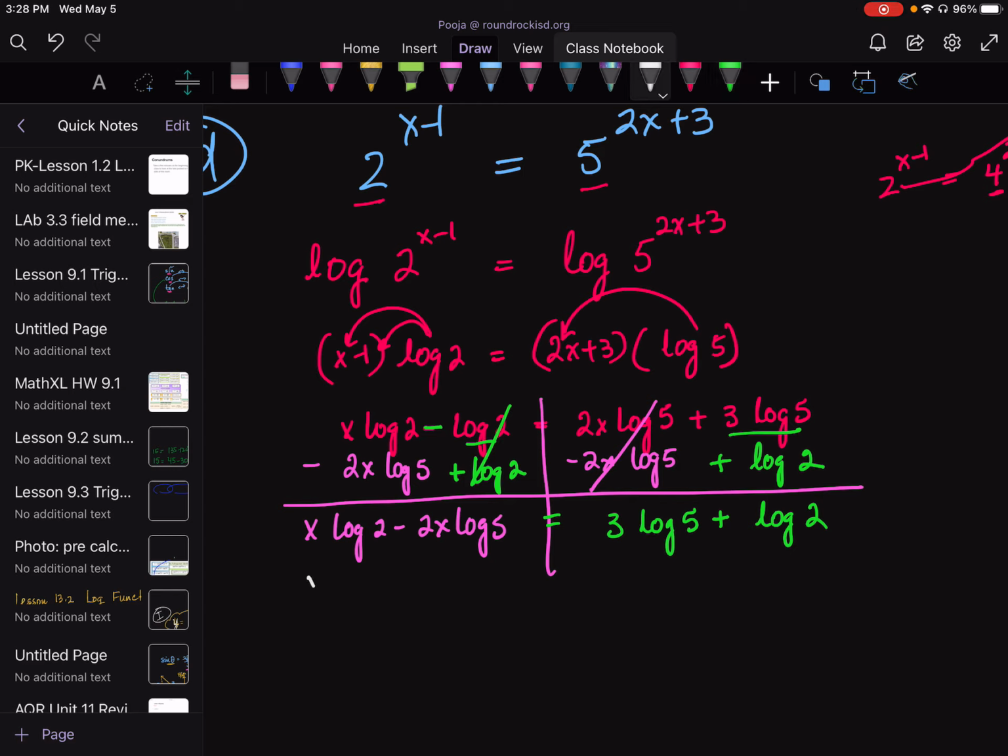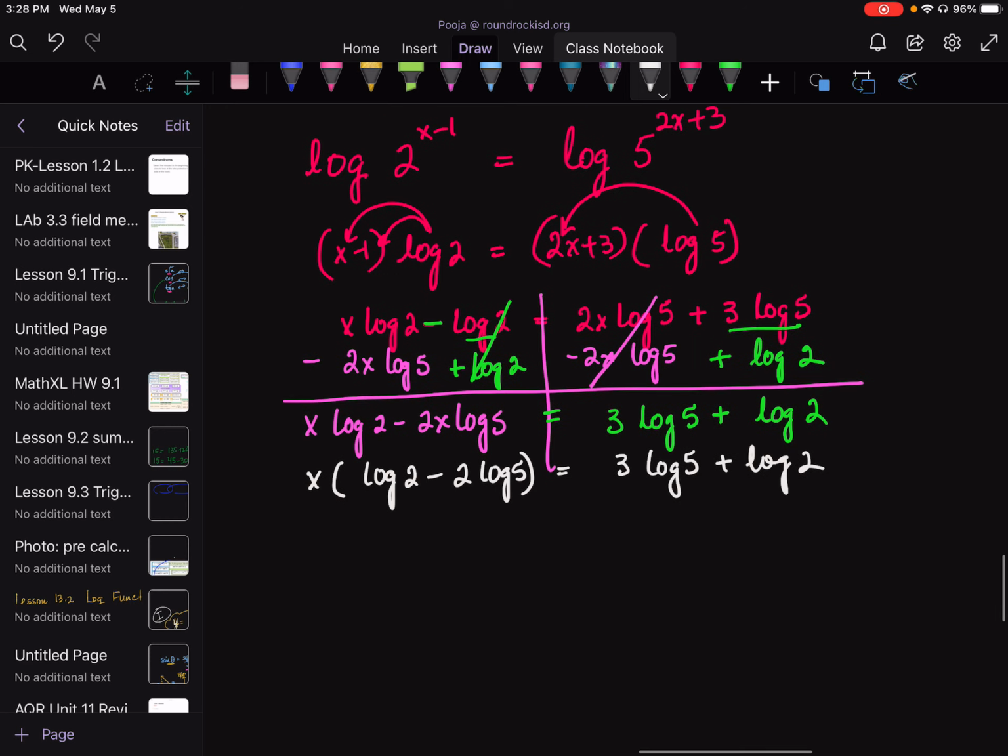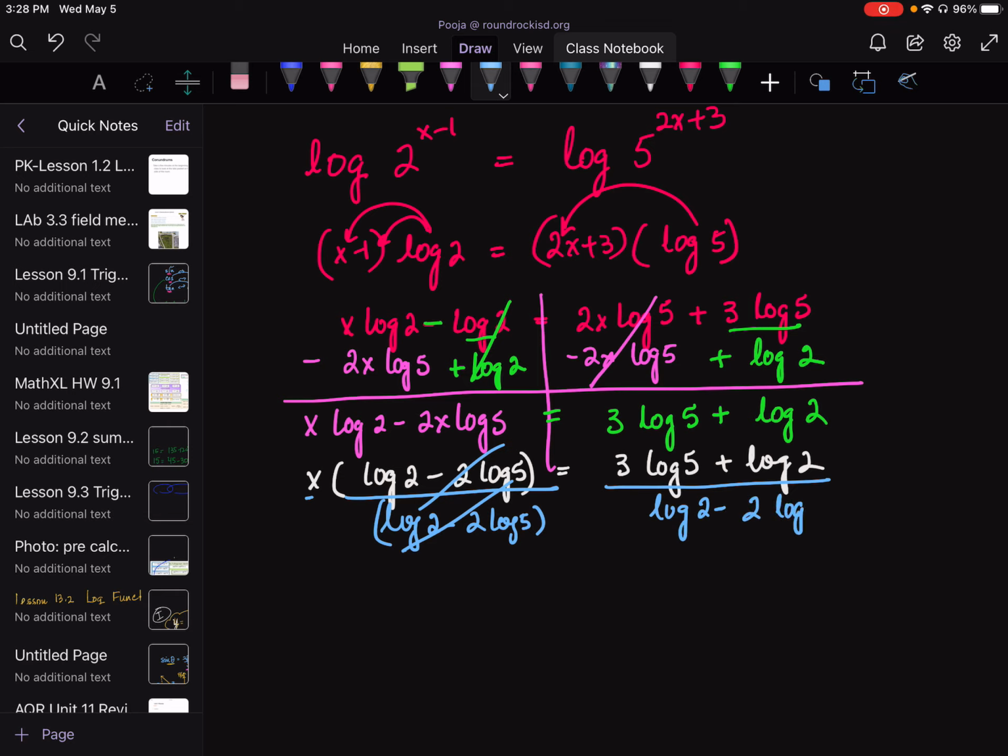I'm undistributing the x from here because x is what I'm trying to find. Right-hand side is the same. Again, x is my goal, so I need to get rid of all of this. The only way I can get rid of all of that is by dividing by the exact same thing, so I put all of that over log 2 minus 2 log 5.